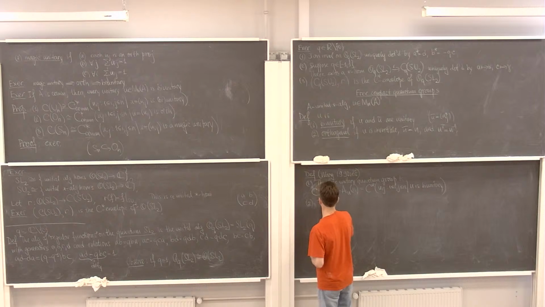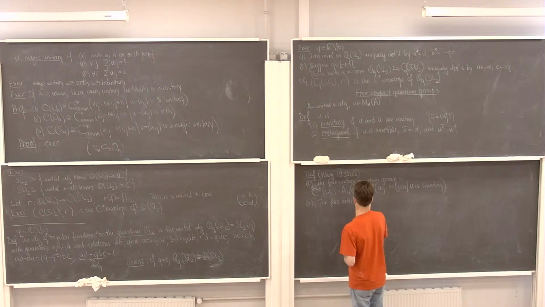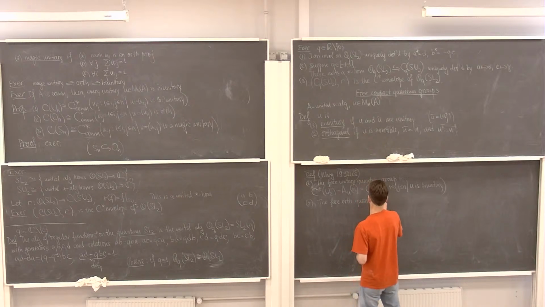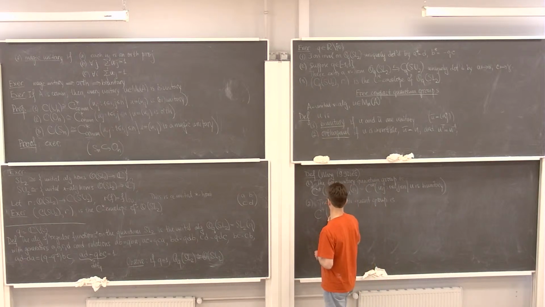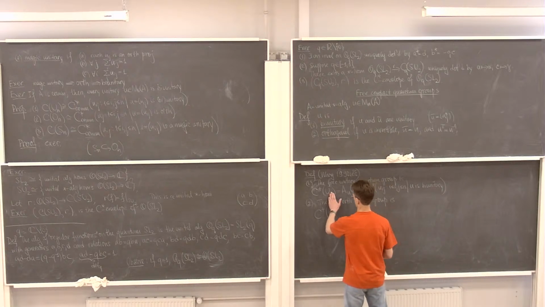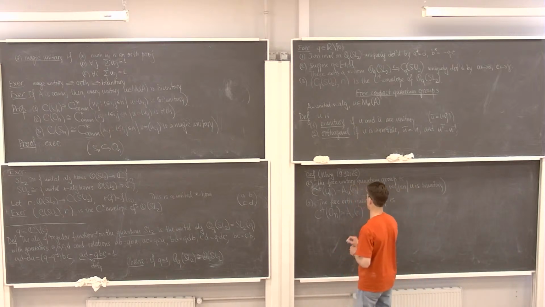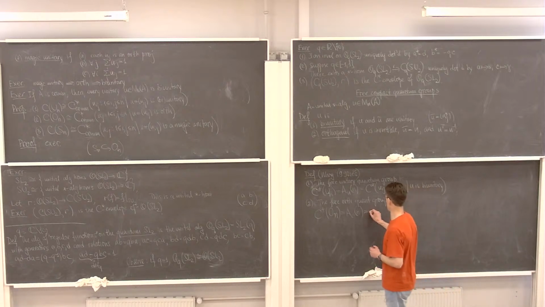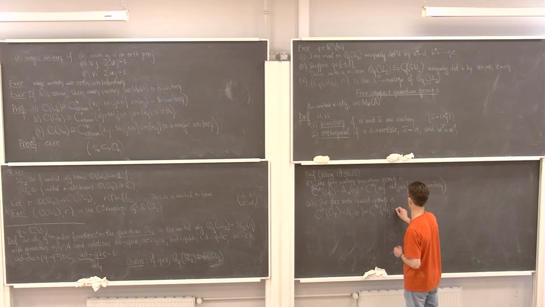Similarly, we define the free orthogonal quantum group to be the universal C-star algebra denoted like this, UN, of course. Or another notation is AO of n. And it is the universal unital C-star algebra generated by the entries of an orthogonal matrix, Uij.